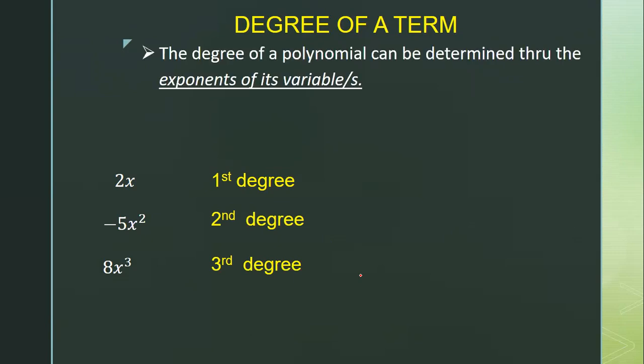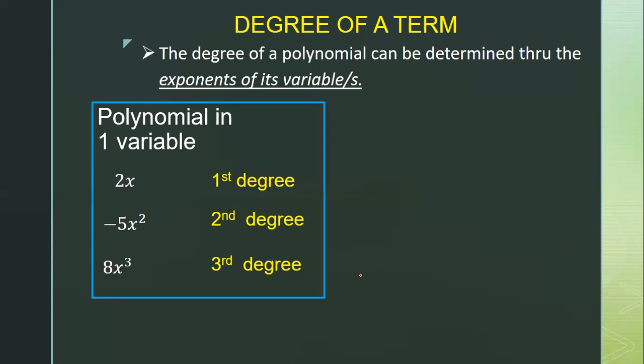So to determine the degree of a term, you can just examine the exponent of the variable. So 2x, the exponent of x here is 1, so it is first degree. Exponent of x here is 2, second degree. Exponent of x is 3, so third degree.